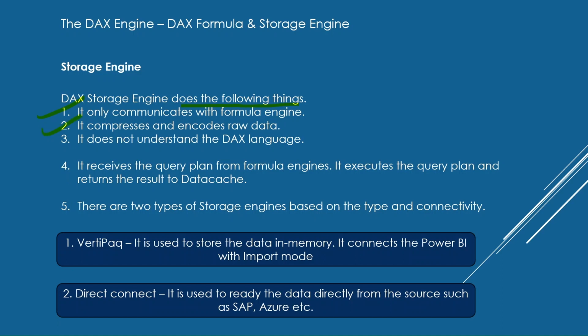As we know, a storage engine stores the data, but the storage happens behind the scenes. Whenever storage happens behind the scenes, it has two steps. One is the compression step and another is the encoding step. All the compression and encoding steps are performed in the storage engine.